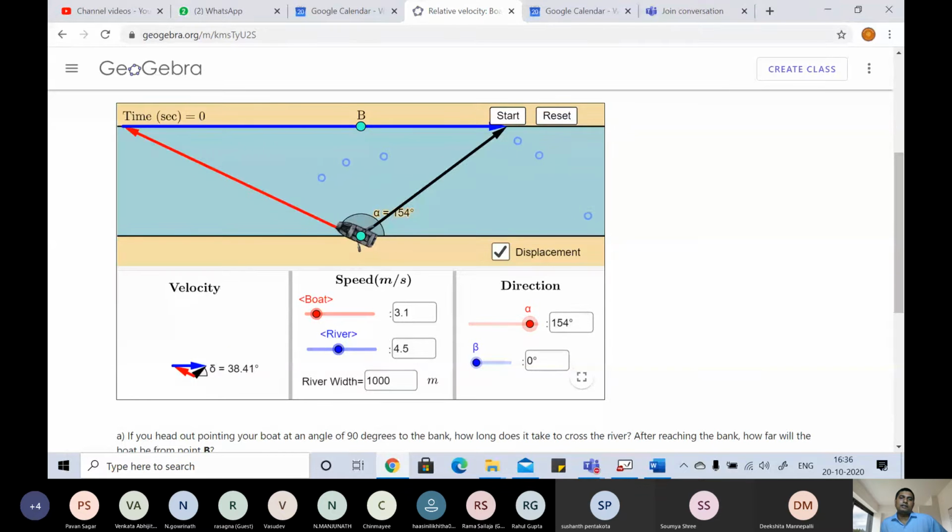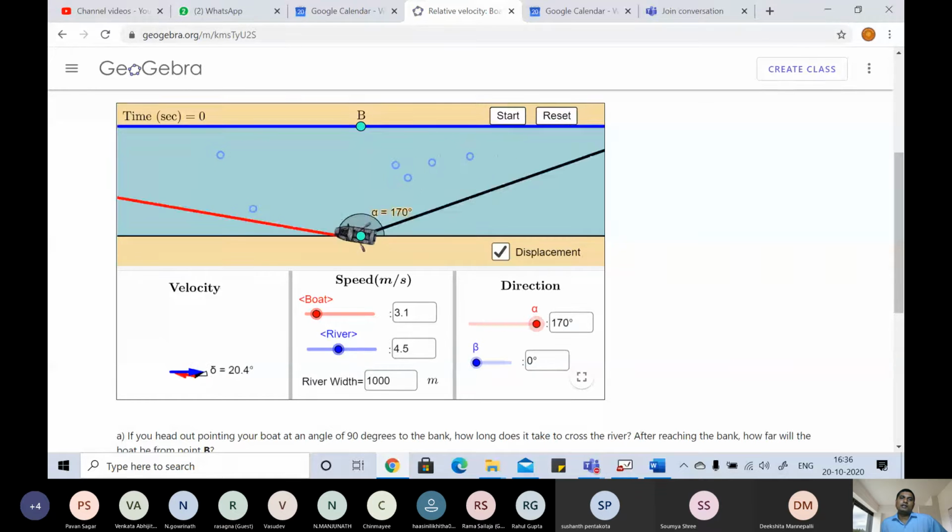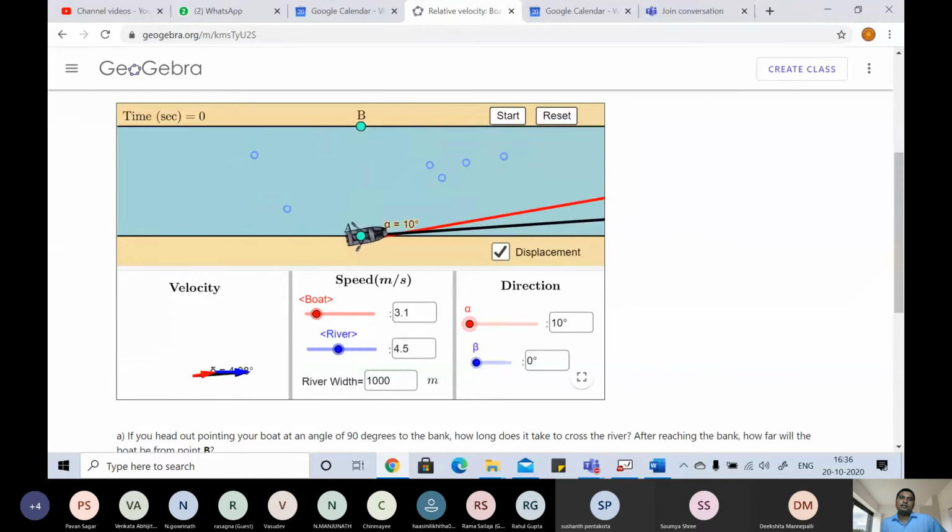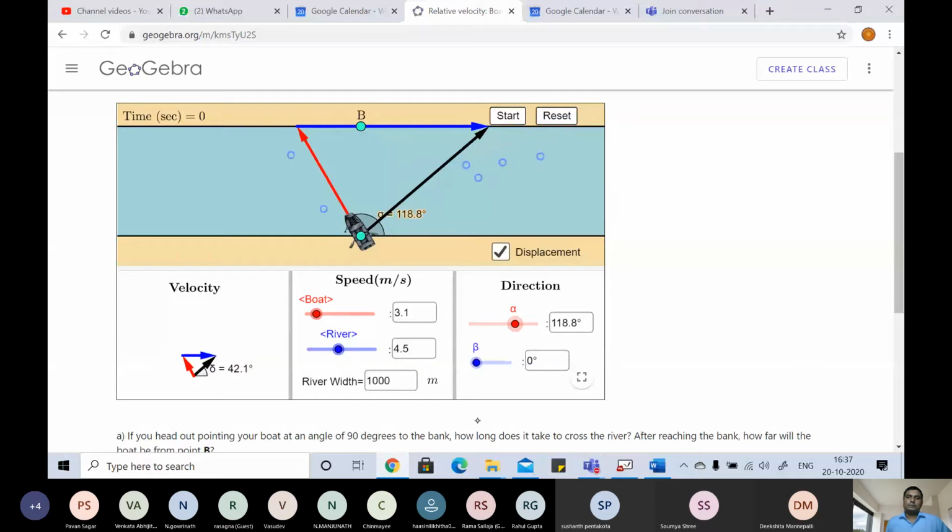Because when you reach B, then only you have the shortest path. Otherwise, you don't have the shortest path.